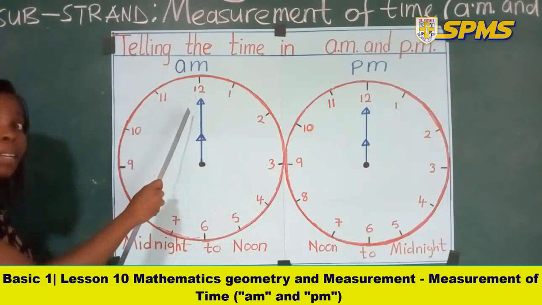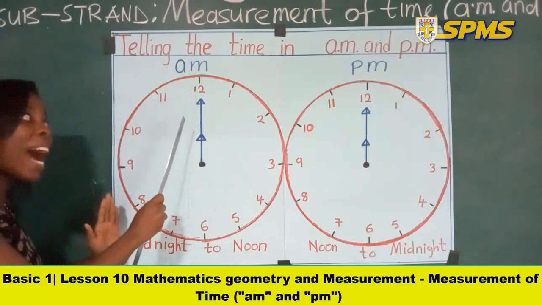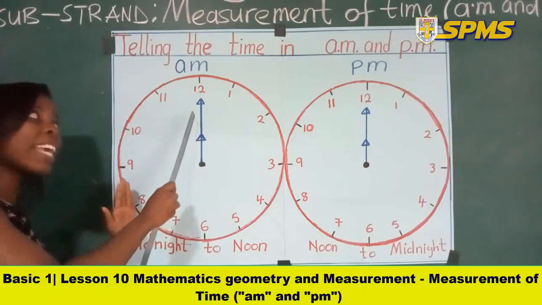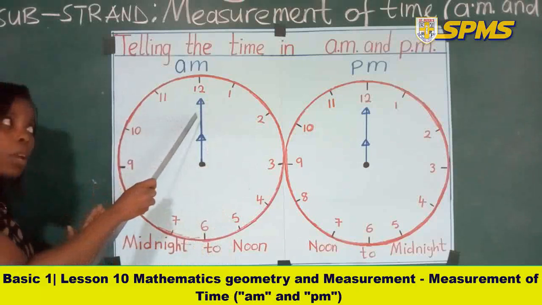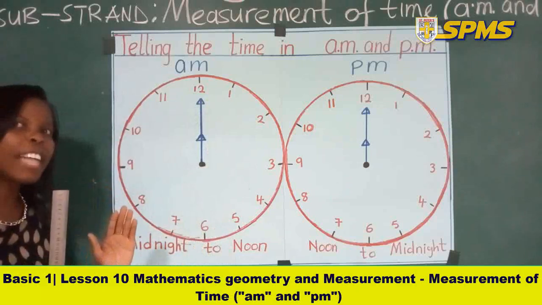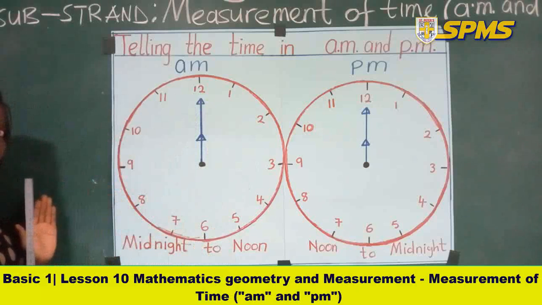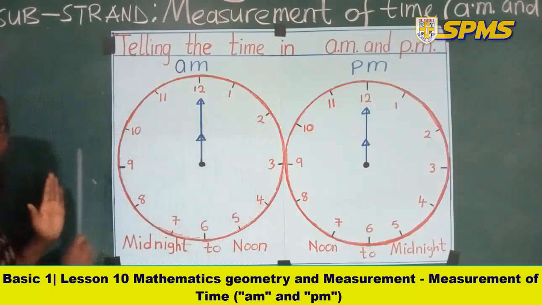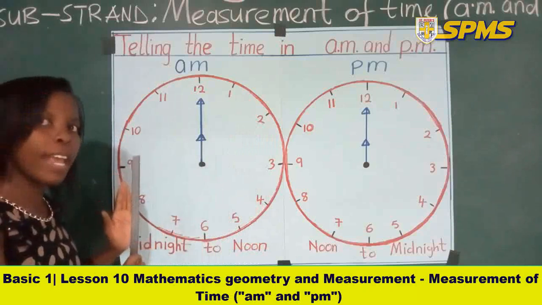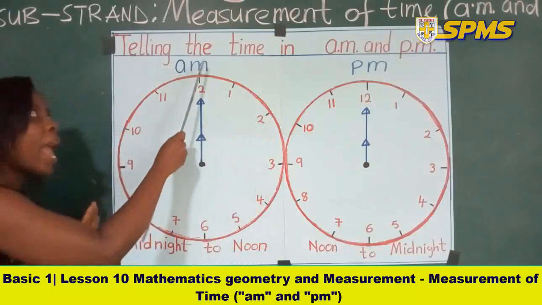Back to 12 again, the full movement of the hands. We have half a day. This half a day, which is the first part of the day, is known as AM.